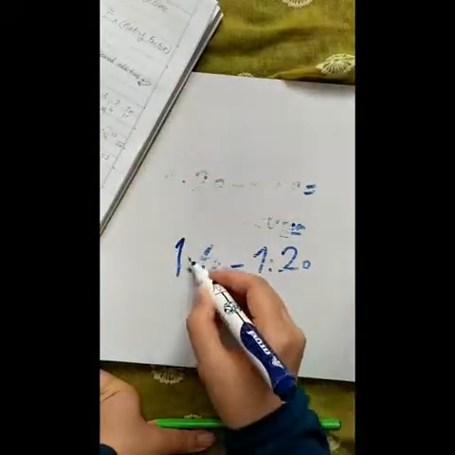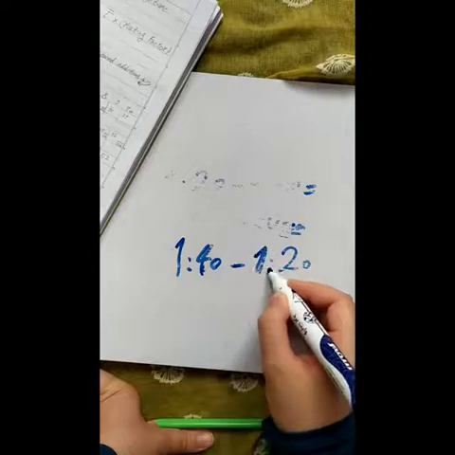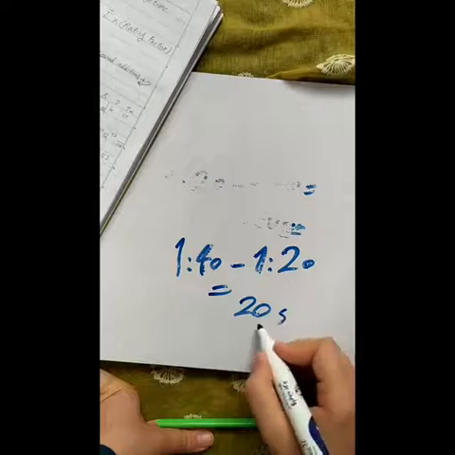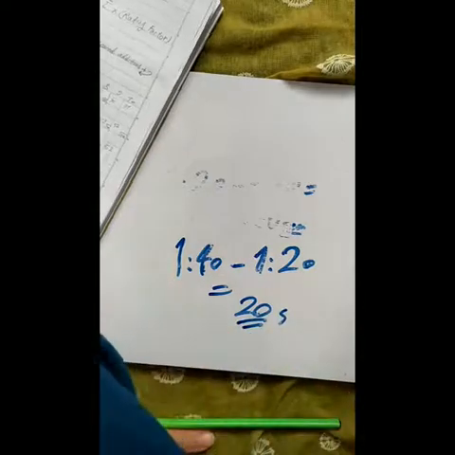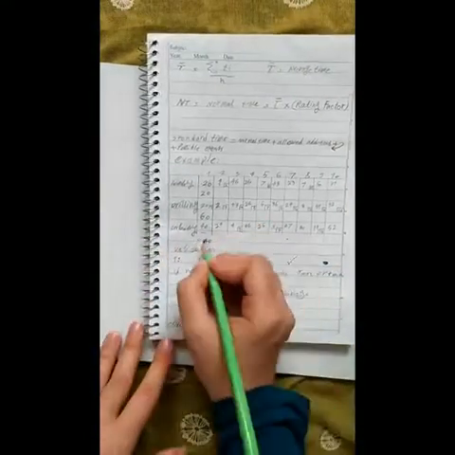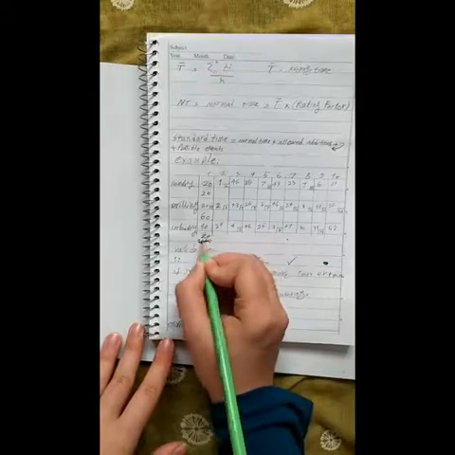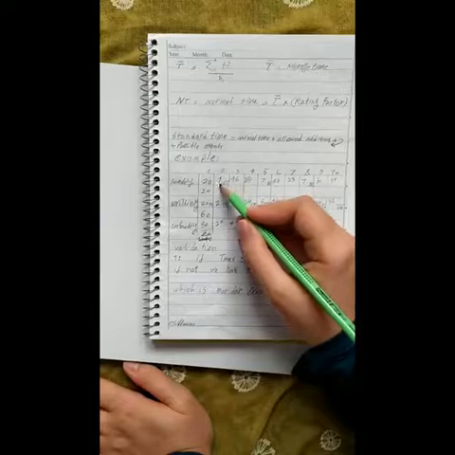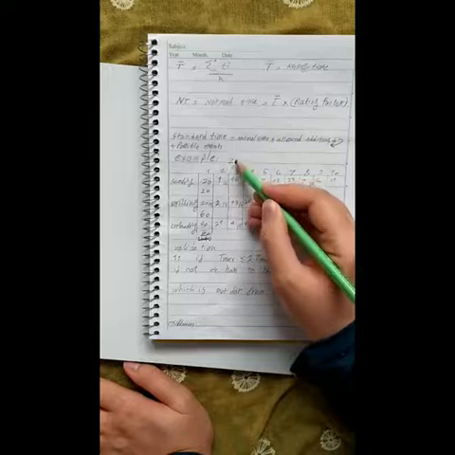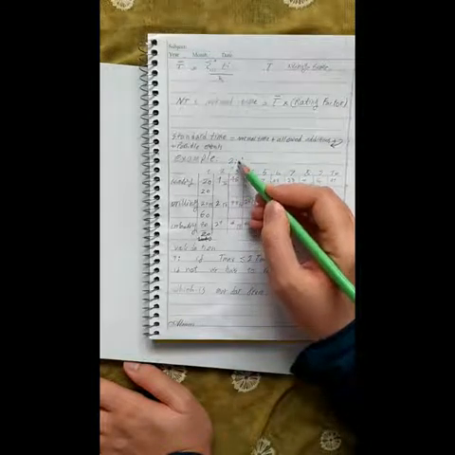So we have 20 seconds for unloading. So we write 20 here, which means that unloading took 20 seconds, and this next number actually means 2 minutes and 1 second.